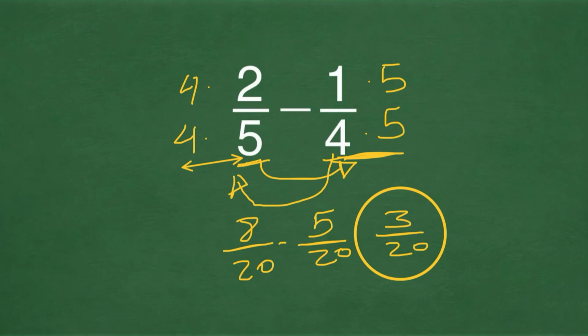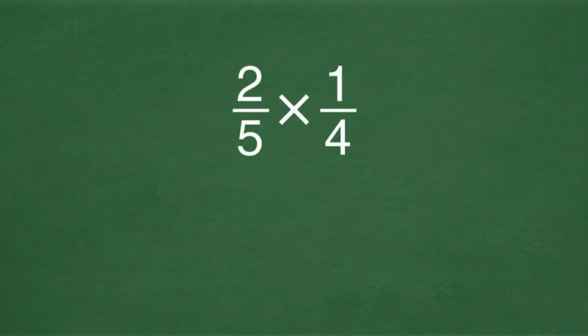Now, let's move to multiplication. Multiplication is actually the easiest one of all four, right? It is the most straightforward thing to do. So what you essentially do is just multiply the top numbers together and multiply the bottom numbers together. That is it. So 2 times 1 is just 2.